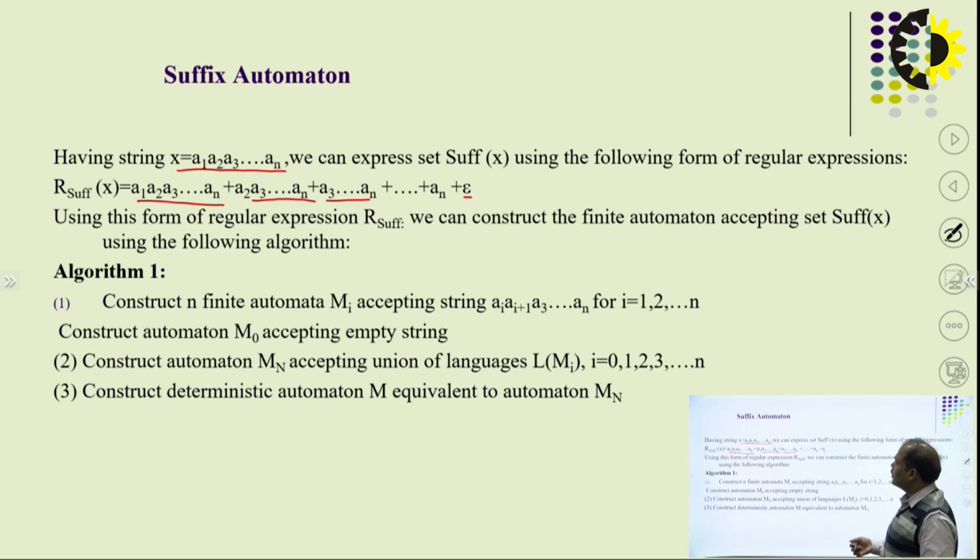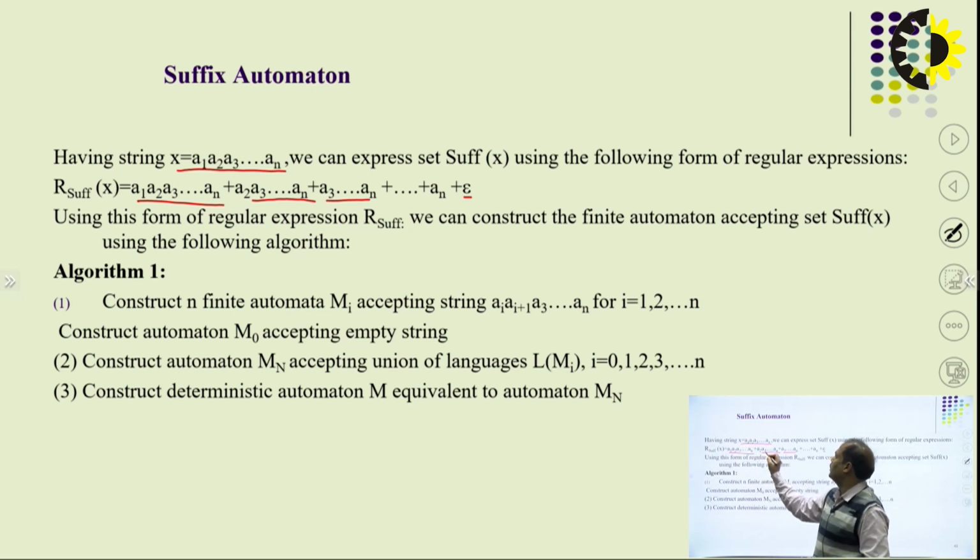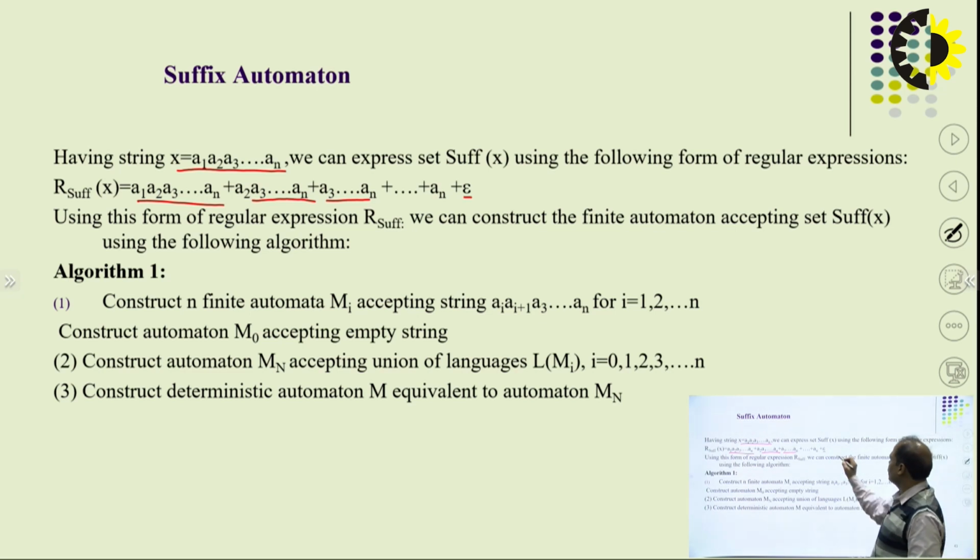How do we get the suffix automata? We can design n finite automata for the individual suffixes, and in order to accept epsilon, we have to make the starting state a final state so that it can accept the empty string, right? And then after this conversion, we have to construct the deterministic version of the individual non-deterministic finite automata, right?